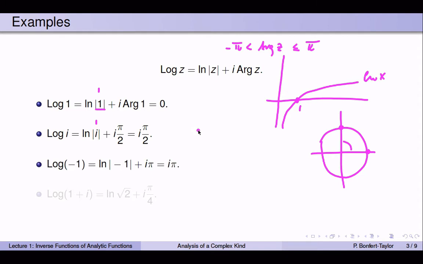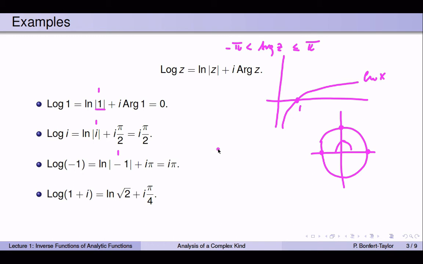How about the logarithm of negative 1? Again, the distance from the origin of negative 1 is 1. The natural logarithm of 1 is 0. The argument is pi. In other words, the logarithm of negative 1 is I pi.